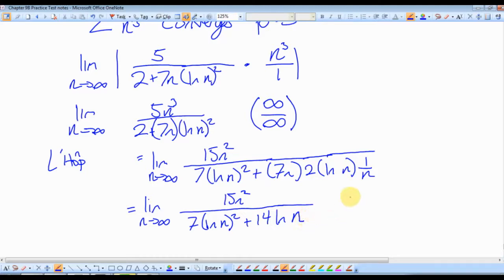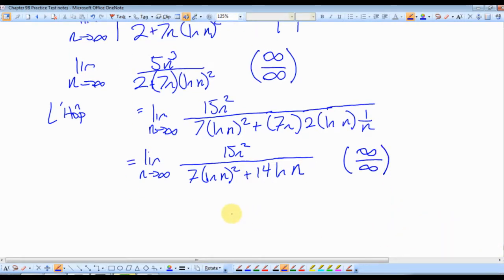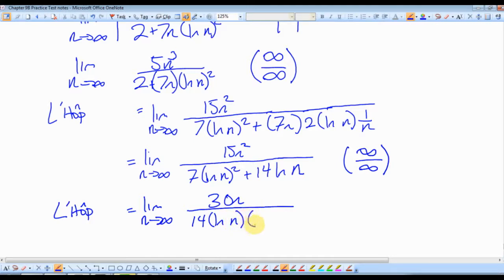Great. Oh, hey, it's still infinity over infinity. L'Hopital's rule. Limit as n approaches infinity of 30n on top of 14 natural log of n times 1 over n plus 14 times 1 over n.